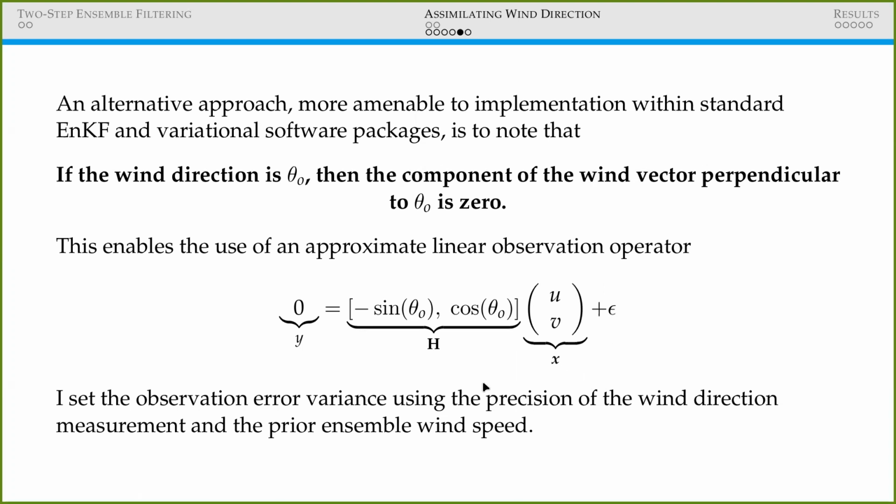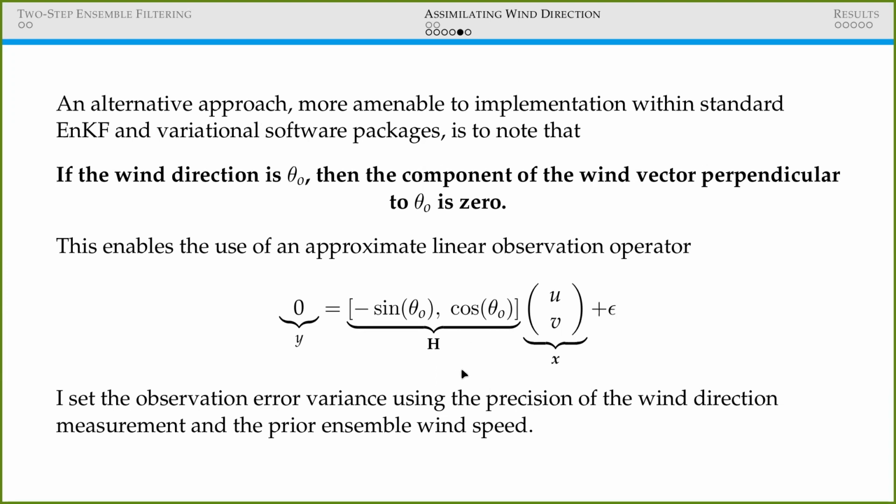And now, voila, I have an equation that maps onto the standard linear observation model. Y is 0, H is this vector, epsilon is the observation error. It's not exactly the same as the standard observation model, because in the standard observation model, the value of the observation is Y. Whereas here, the value of the observation is used to define H. So it's not the same, but you can still assimilate it in the same way.